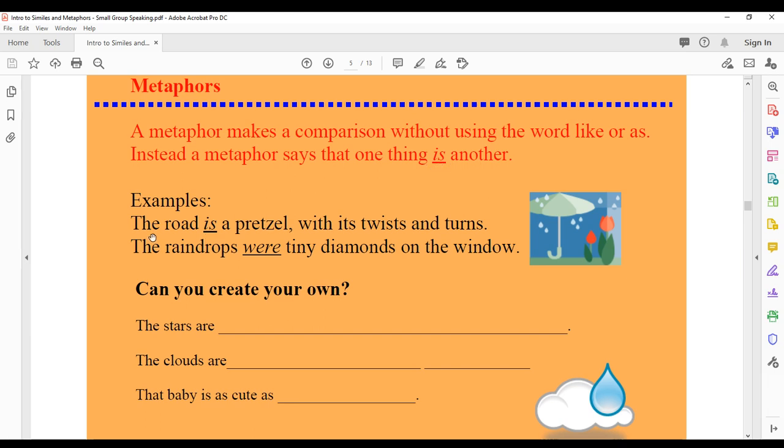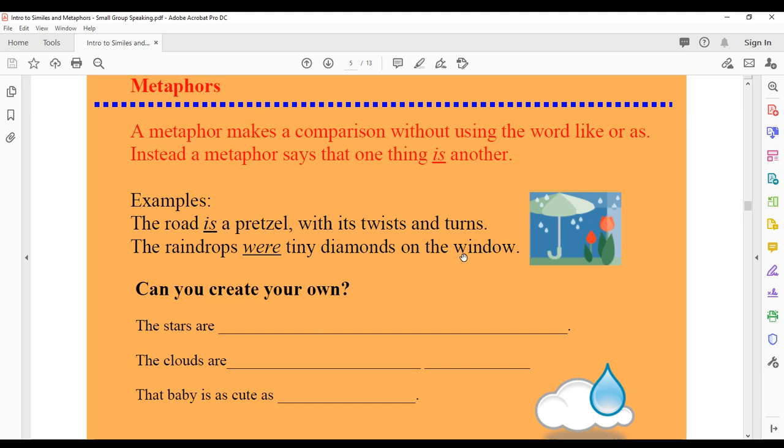So instead of saying the crooked road was as twisted as a pretzel, we can just say the road is a pretzel, or the road is a pretzel with its twists and turns. We can say the raindrops were, that's the be verb, remember is, am, are, was, were. So the raindrops were tiny diamonds on the window.